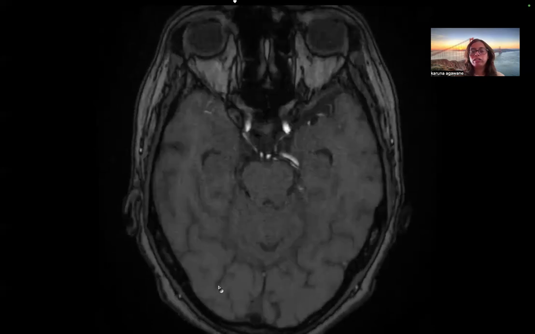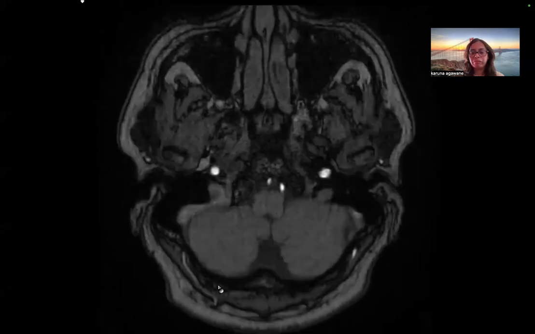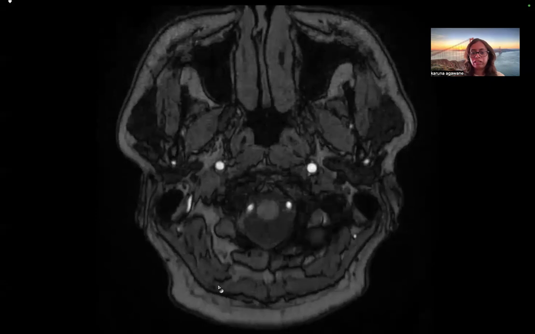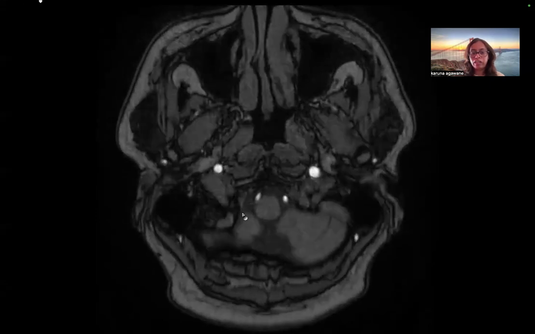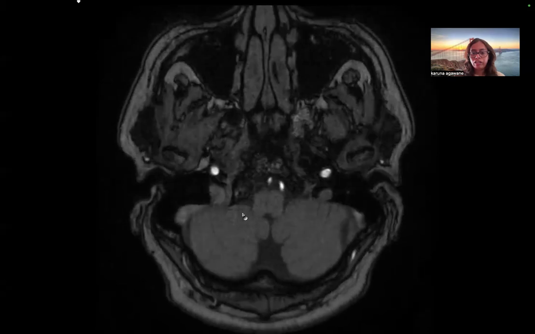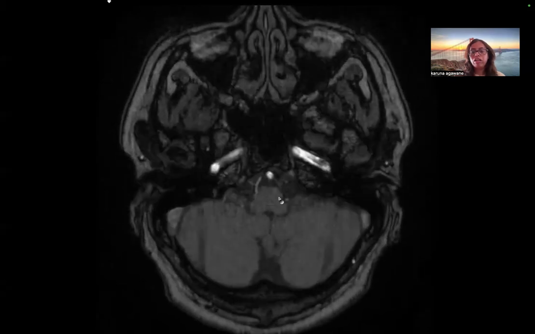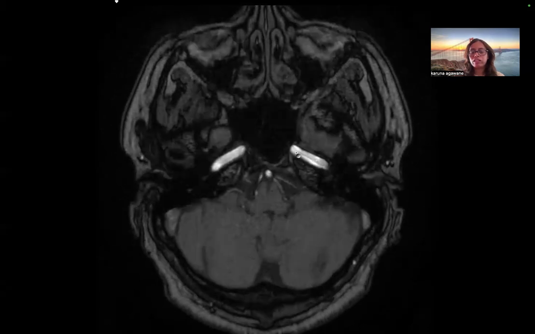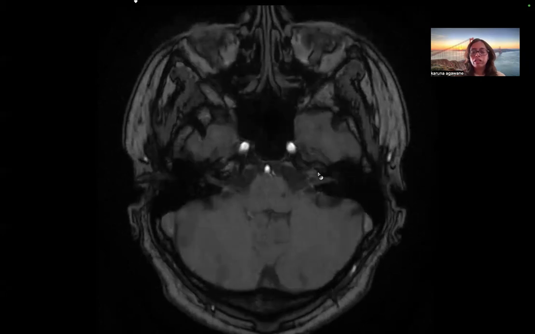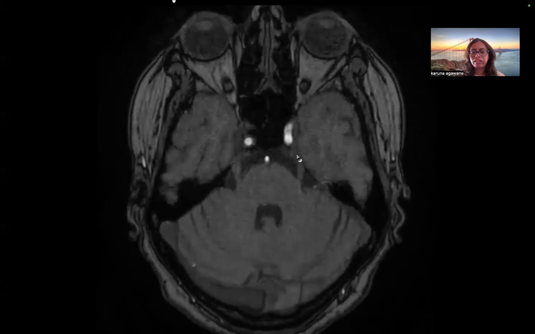Now moving on to the anterior circulation. These are the cervical segments of both the internal carotid arteries coming here, giving off the petrous segments of the internal carotid arteries, known as the carotid canal within the petrous bone of the temporal bone. Here is the foramen lacerum segment, which is just the communication between the cavernous and the petrous.